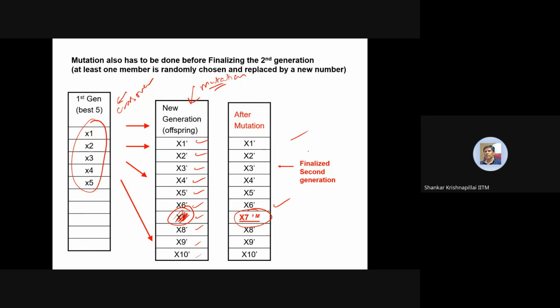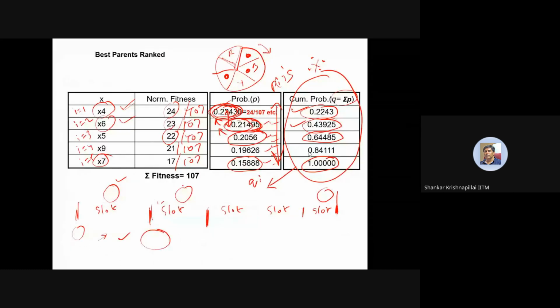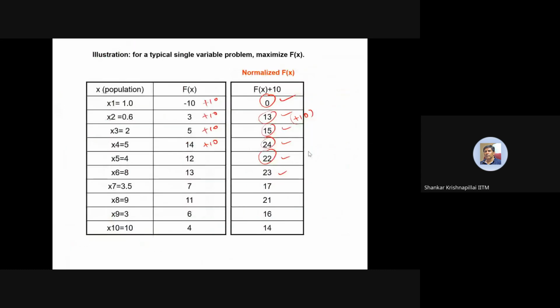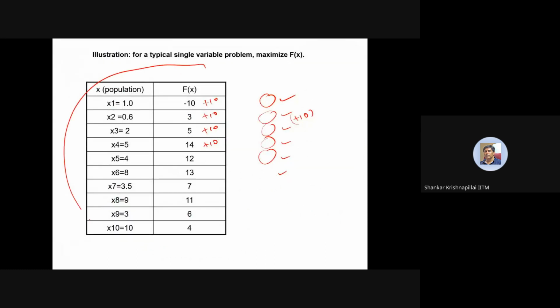So in the exam, you will be given one starting population like this, and you have to show how it is normalized, how the parents are shortlisted, and you have to show one or two sample crossover operations.